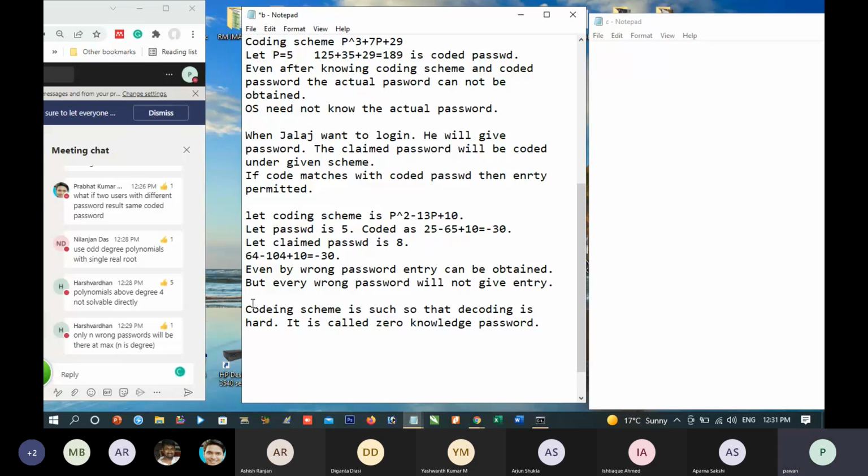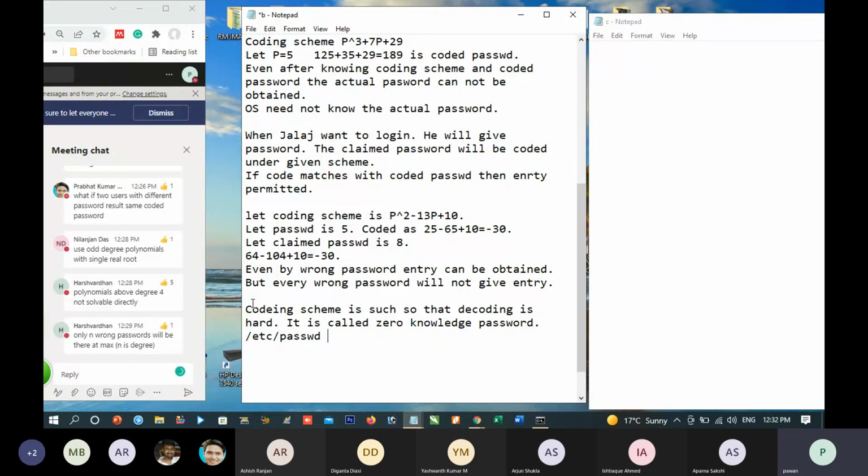Now, this is a file in which you can see all the coded passwords in some Unix system. Maybe the file name may be different sometimes.